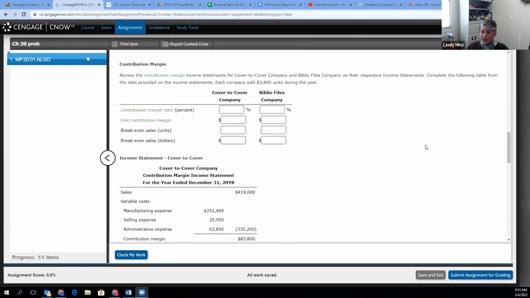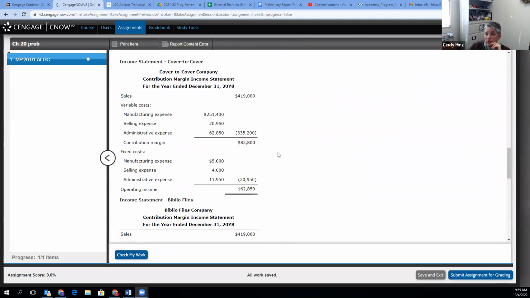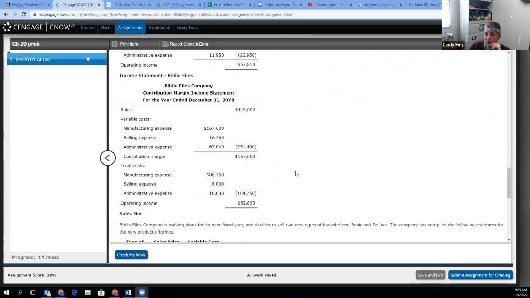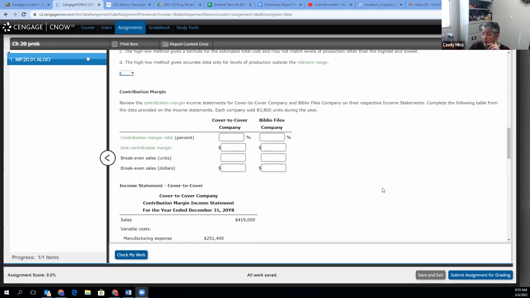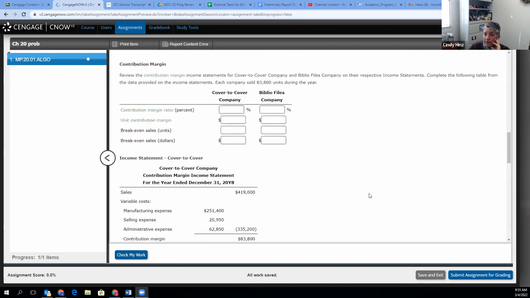So the next section is on contribution margin. We have the income statements here for Cover to Cover and Bibliophile. I think in the interest of time, I'm just going to talk through these rather than doing all the calculations together. So if you hover, you can see the formulas for contribution margin and for calculating the contribution margin per unit.